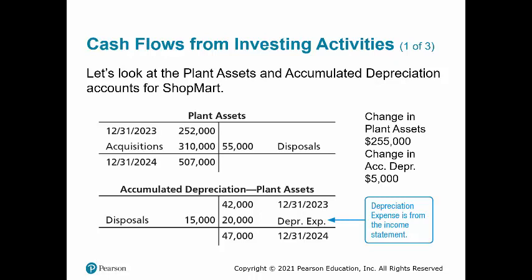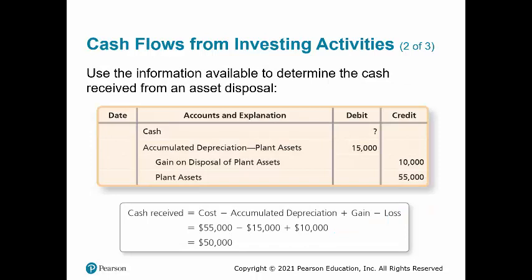We also see that we probably received cash when we disposed of the $55,000 of plant assets, but we need to look at that transaction carefully to determine what was the actual cash that we received when we disposed of those assets. Sometimes it helps to reconstruct the journal entry that would have been recorded when the plant assets were disposed of.